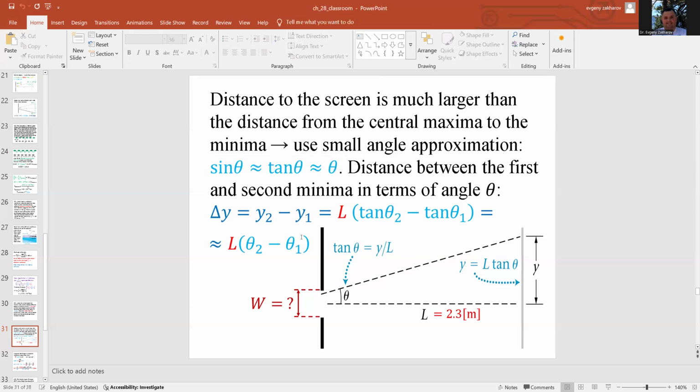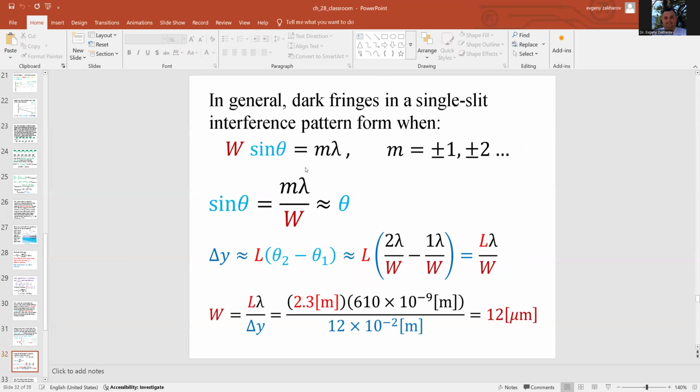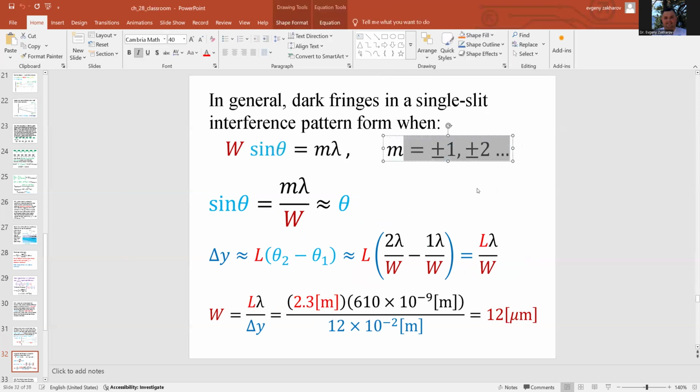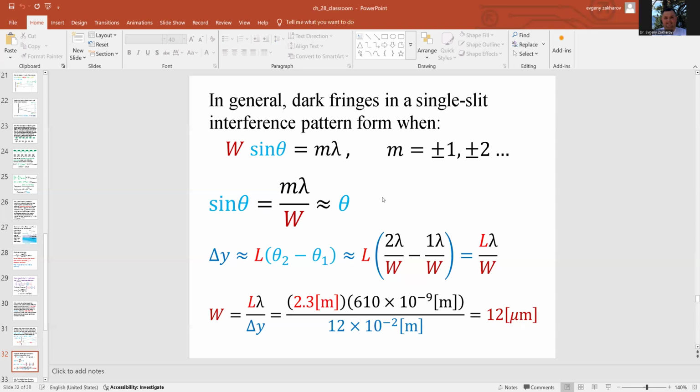So delta y is given, L is given. You can solve for theta just by itself, even though it's tangents that we are talking about. So with the knowledge of theta, you can get the sine of theta handy. And for any kind of a multiple, 1, 2, 3, 4, 5 for the m, you can solve for the width of the slit that we are looking for.